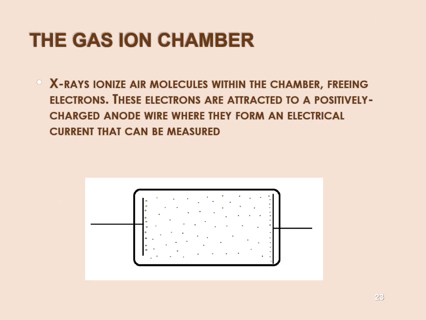Okay. Our gas ion chamber, that's actually the picture for the course on Schoology. I drew this on Microsoft Paint. You can see there's an anode there. If you look, there's little dots in the chamber. Those are nitrogen atoms. And then there's just a little T-shaped wire, and we've ripped the electrons away from that.